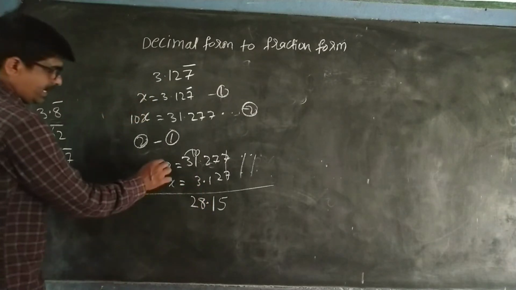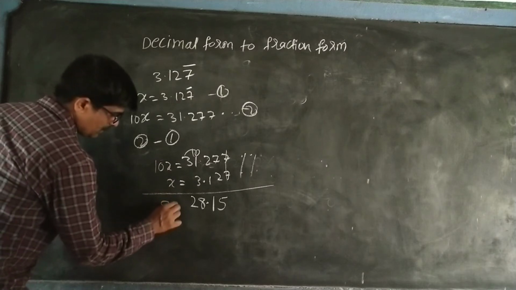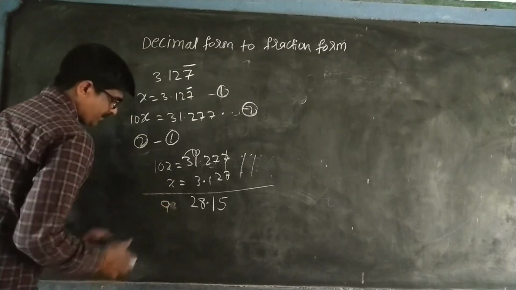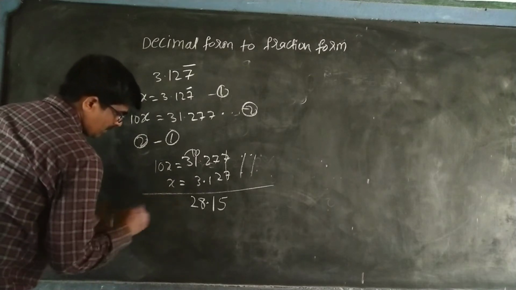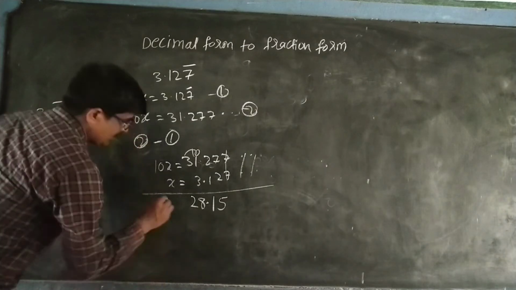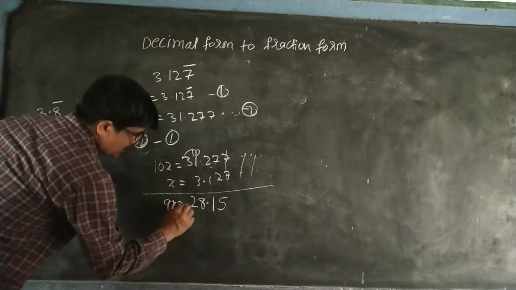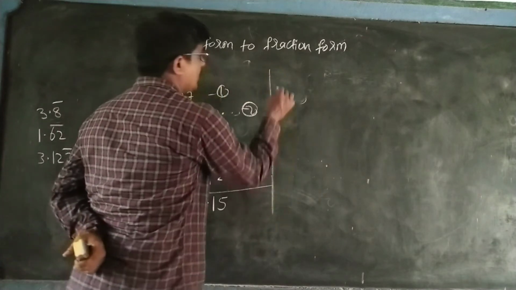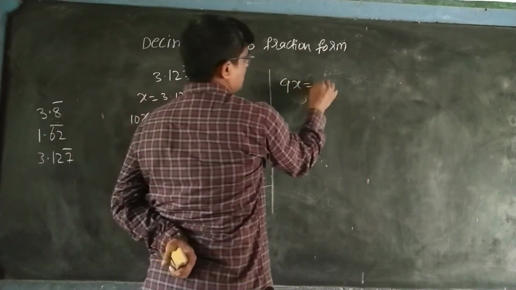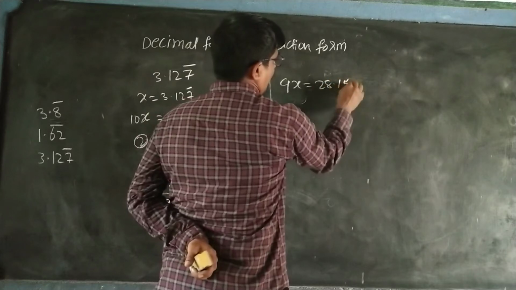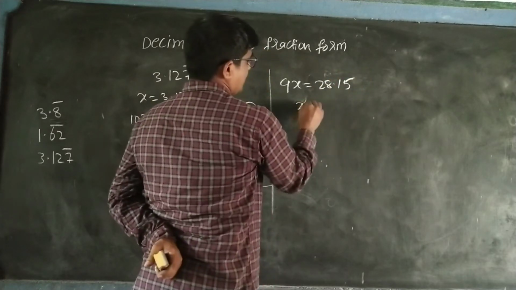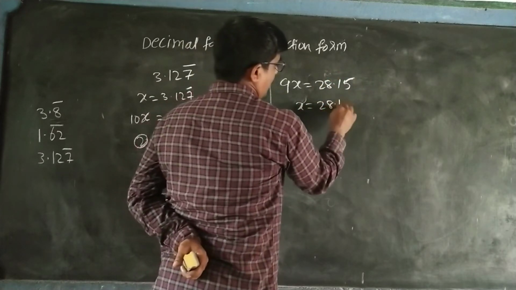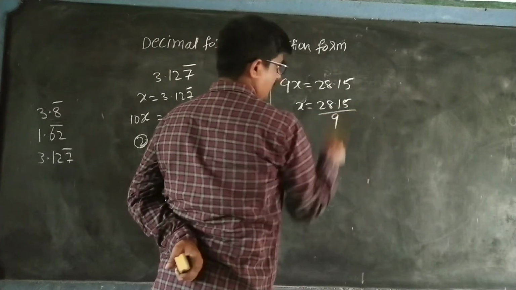So 10x minus x is 9x, and 9x is equal to 28.15. So x is equal to 28.15 by 9.